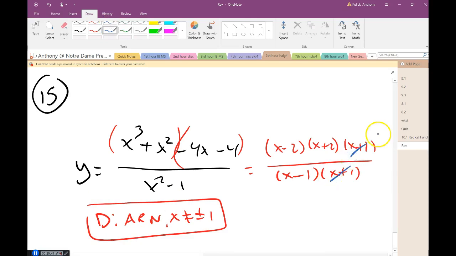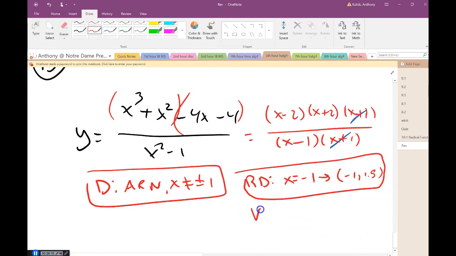We can reduce those out of there, so we have a removable discontinuity at x equals negative 1. And when I plug negative 1 in up here, I have negative 3 times 1 divided by negative 2, so that's just going to give me positive 1.5.